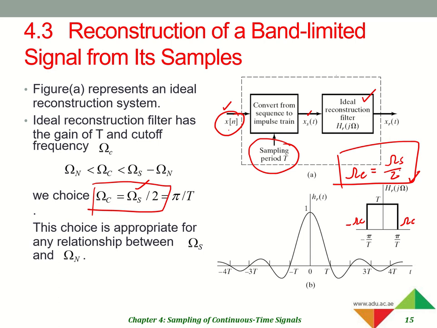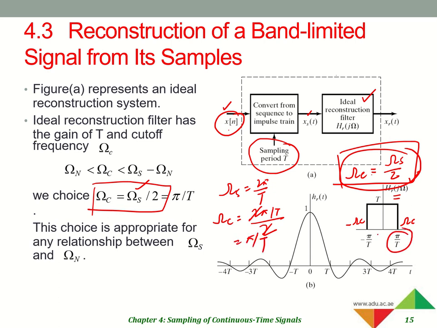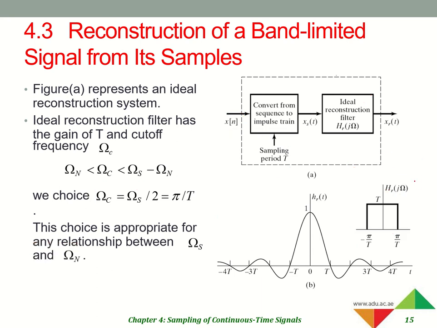If you want to avoid aliasing, if you want to avoid undersampling, if you want to avoid losing the original signal information, then your low pass filter critical frequency should be at least half of the sampling frequency. And what is our sampling frequency? 2 pi over T. It means the critical frequency will be 2 pi over T divided by 2. So the 2 will be cancelled out, and the critical frequency will be pi over T, which is like this one. This is basically the analysis in the frequency domain.